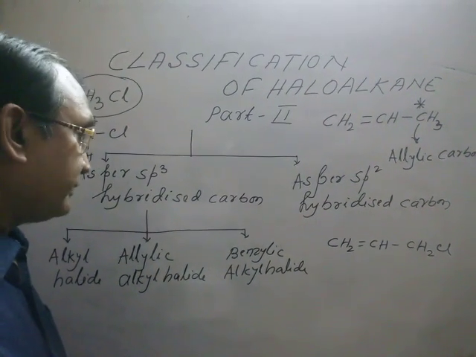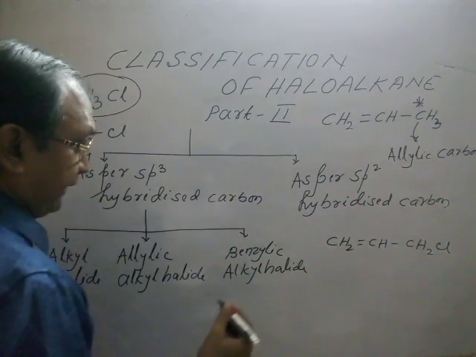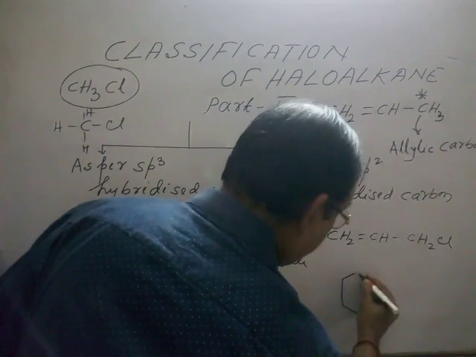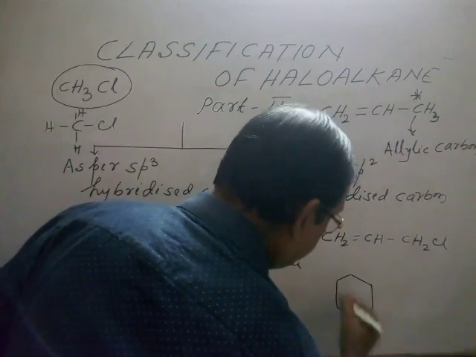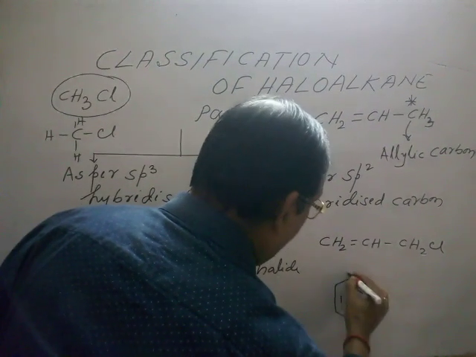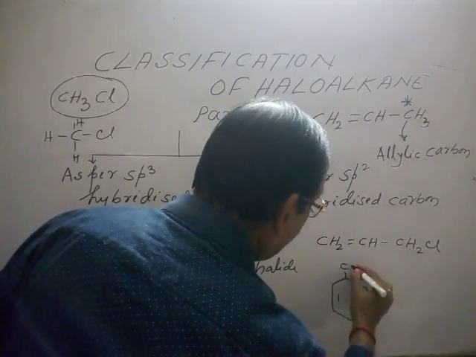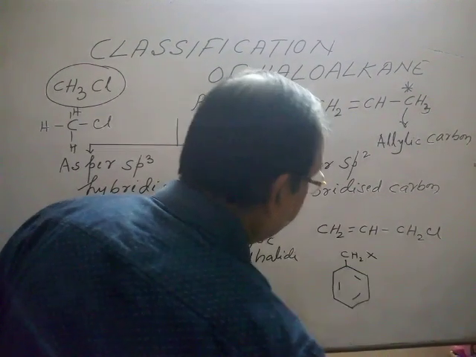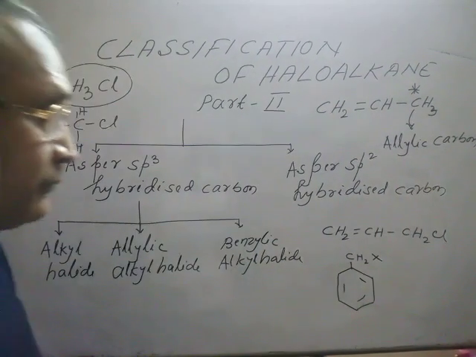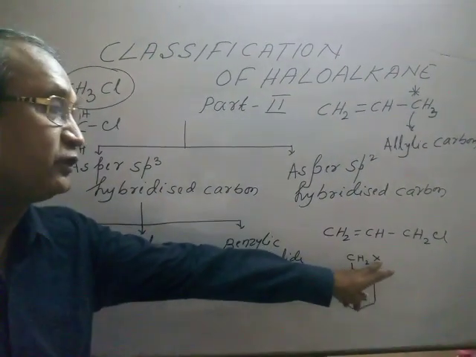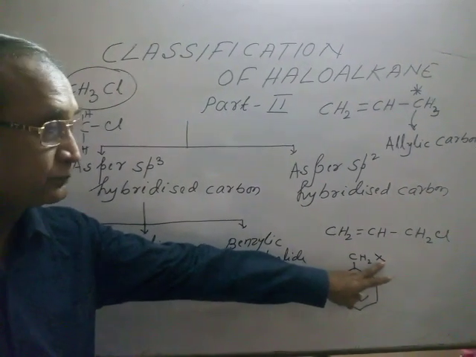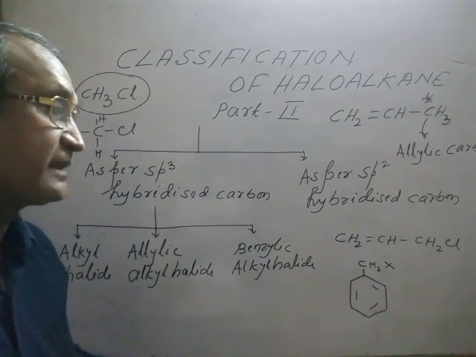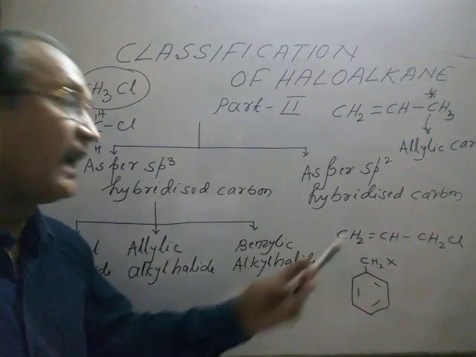Next, if we consider any benzene ring, and if one carbon is present, two hydrogens join with it and one halogen, X, joins with it, this type of alkyl halide is known as benzylic alkyl halide.